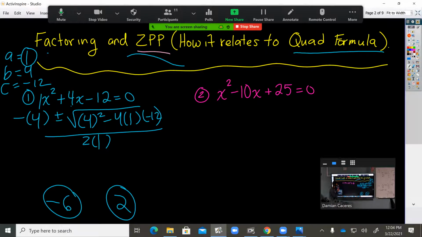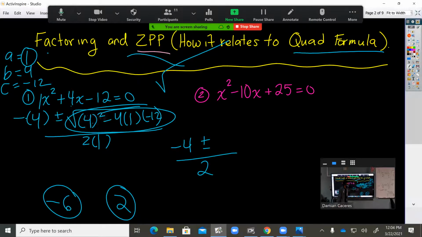Now let's solve and see what happens here. Negative 4, and on the bottom, 2 times 1, that's just going to come down until the end. So you're going to have negative 4 on one side, 2 on the bottom, and the plus or minus in the middle. The only thing you have to calculate is what's inside of the radical. So let's calculate that. 4 to the second power is 16.